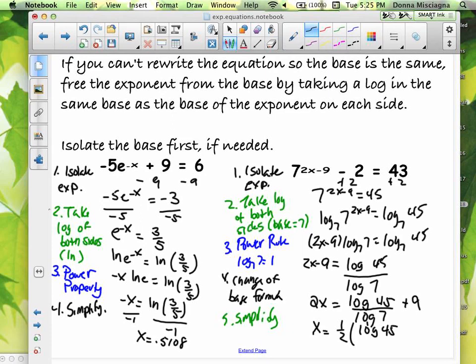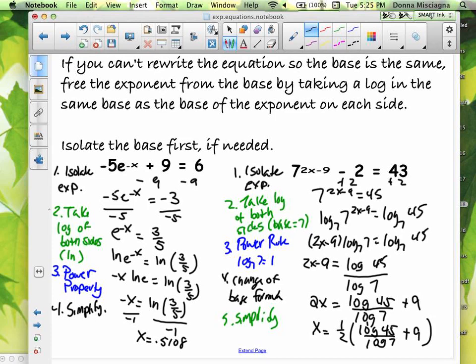Log 45 divided by log 7 plus 9. And I took half of all of that, because I divided by 2 after I added 9 to both sides. Now, if you find that difficult to plug into the calculator like that, and that's too tricky for you, feel free to isolate it the other way, the way I had up there.